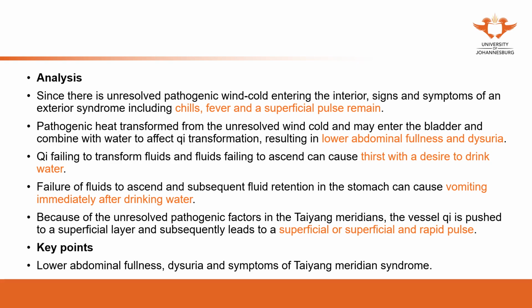The key manifestation: the patient must have dysuria, or other abnormal manifestations of urination, such as frequent urination. It also can refer to Taiyang Fu syndrome. Taiyang Fu syndrome is the manifestations of the bladder plus Taiyang meridian syndrome.